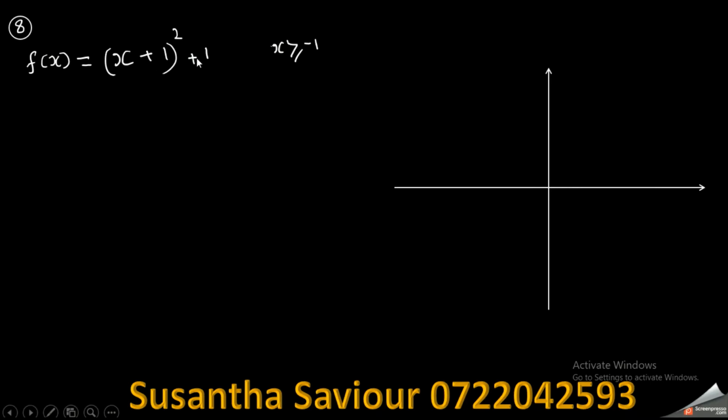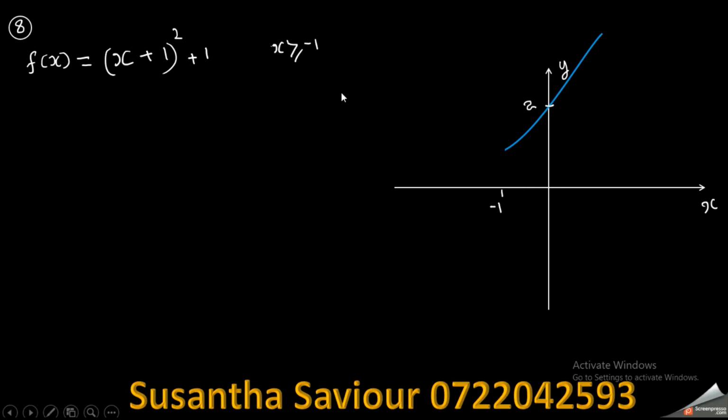The minimum point will be (minus 1, 1), somewhere here, right? Then it will go like this. Only this side is taken, this side is not taken because of the domain restriction here.